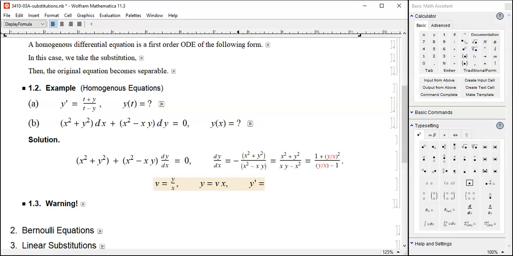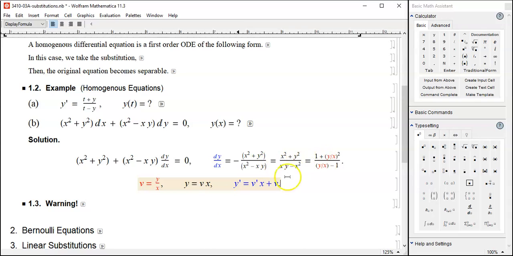Y prime is equal to, let's see, product rule, v prime x plus v, and then the derivative of the second function, but derivative of x itself, that's just 1. So here we go. And as highlighted over here, v is y over x, and then y prime, the derivative, is going to be v prime x plus v.